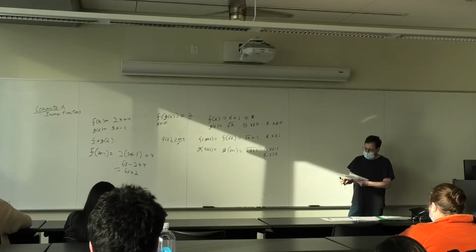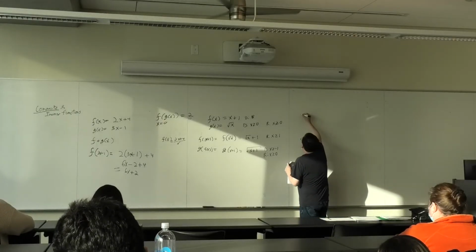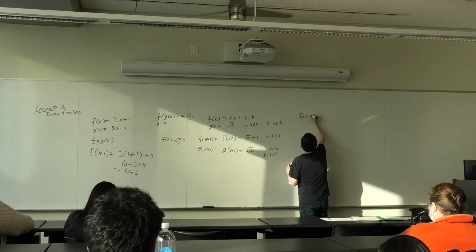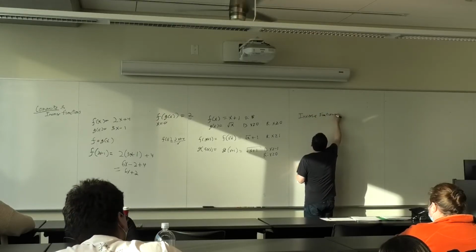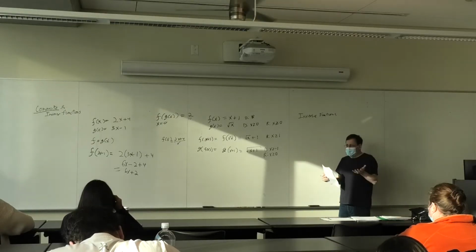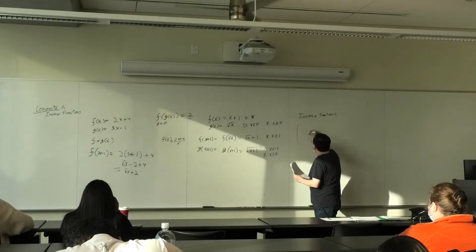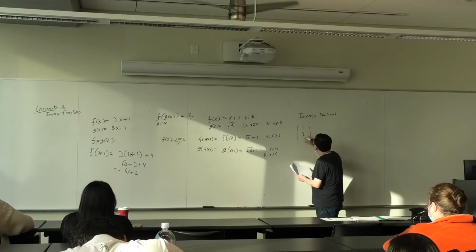I'm going to talk next about inverse functions. But I want to remind you that a function is just some kind of domain, which in my example is going to be pretty small.